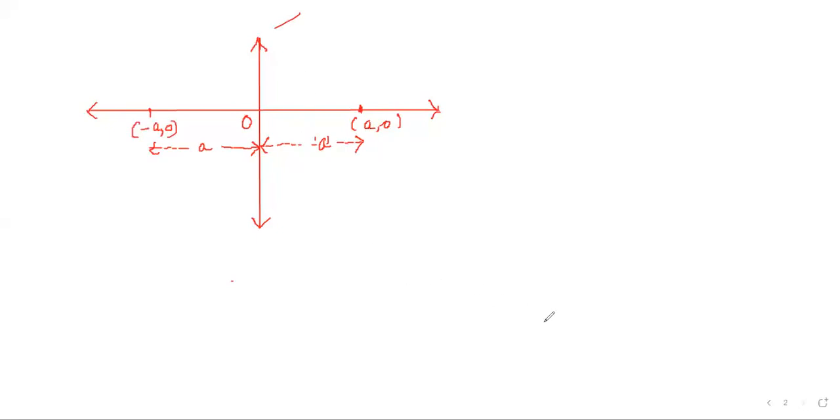Again, if we now move along y-axis, what happens then? Now let's discuss about y-axis in another graph. Draw this graph in your notebook and write this also.